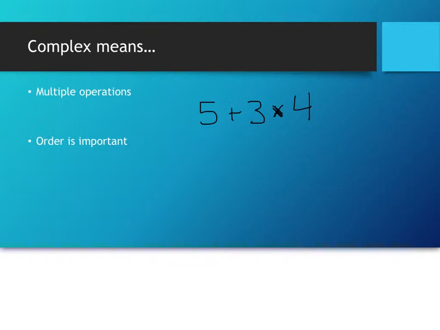Knowing which thing to do first and which thing to do next is important. Obviously, when we do 5 plus 3 times 4, you have to multiply before you add. Same thing with set operations. There are certain set operations that take precedence, and we'll see that as we get through some of these ideas.